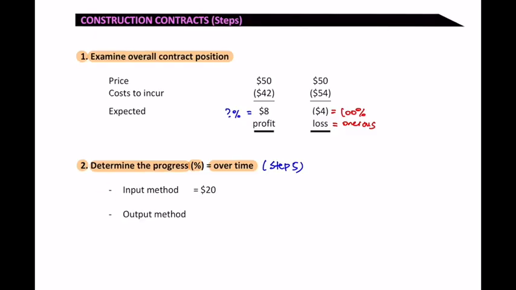Based on the latest estimate, the total expected cost to fulfill the contract is $42. That represents 48%. If it's based on the output method, one of the common methods is based on survey of the works completed to date. In this case, assuming it's equal to 55%. Again, we should use whichever method better estimates the progress completed to date. For this example here, assuming we use the input method, which means it's the 48%.